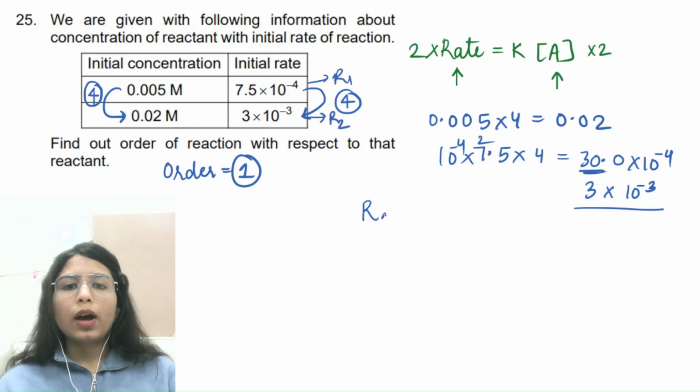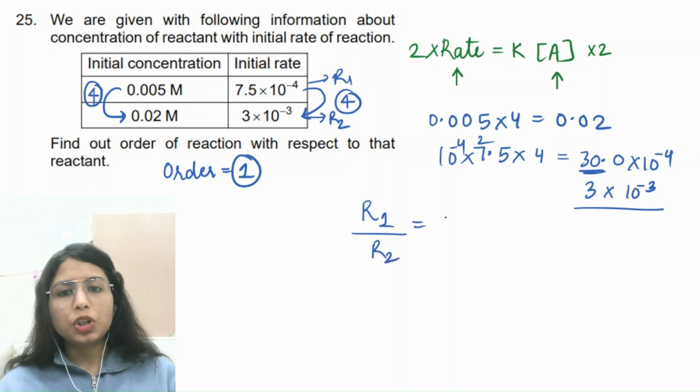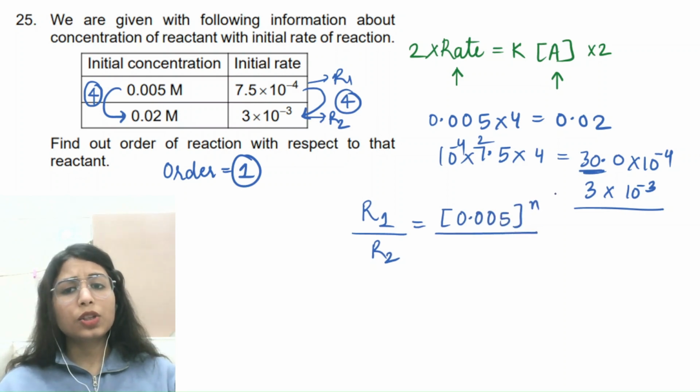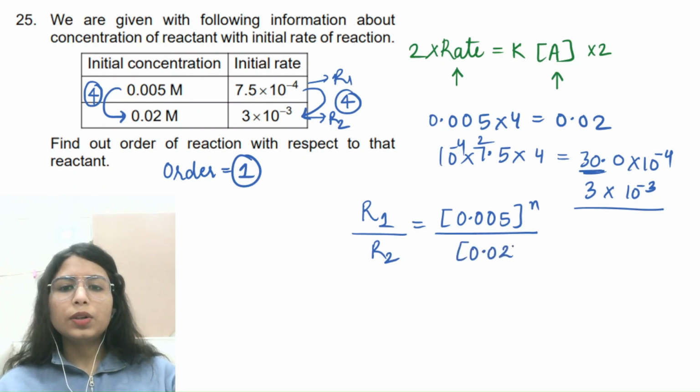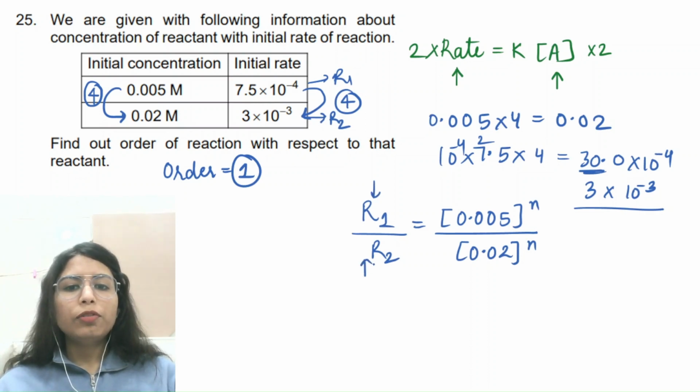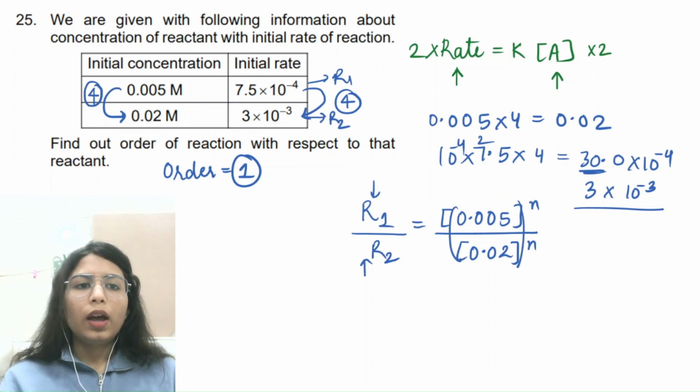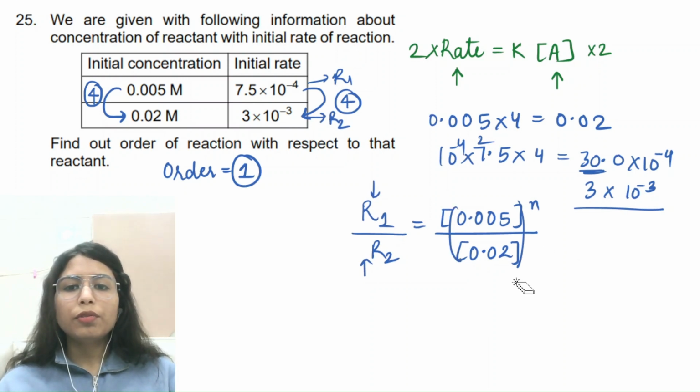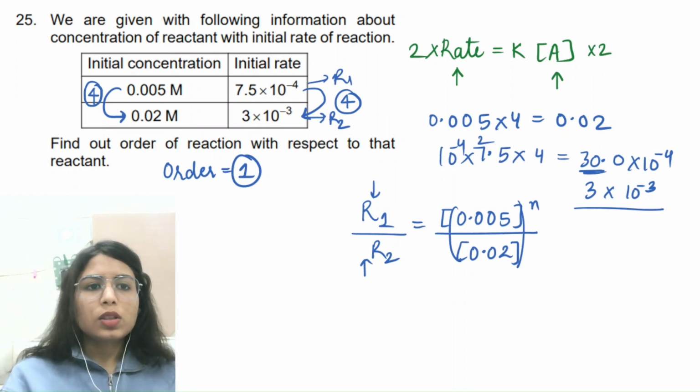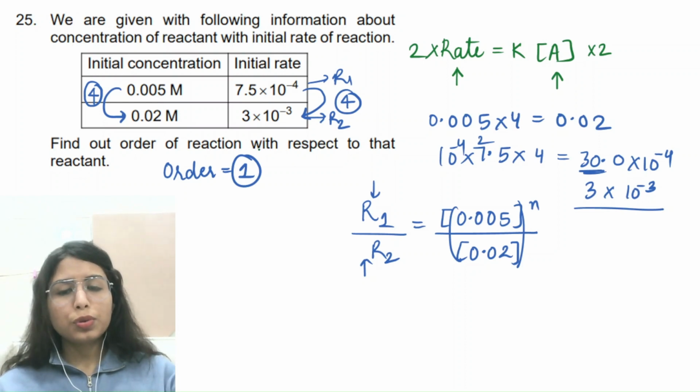Okay, so you have to take R1 over R2 is equal to concentration, that is 0.005 in the first case, raised to the power n, that is your order that you don't know up till now, and this is 0.02 raised to the power n, and you can substitute the value of R1 and R2. You can take this n as common, and after solving this you can find your answer. So this is the long method that if you wish to use, you can use that.